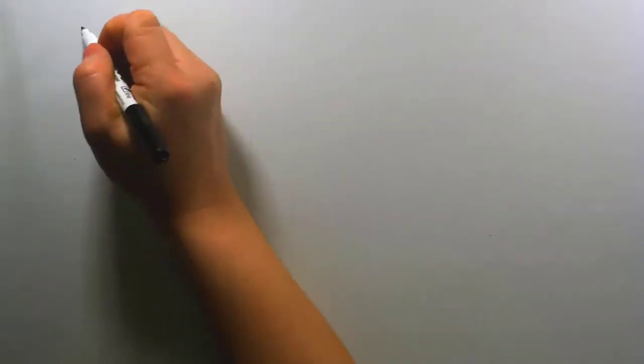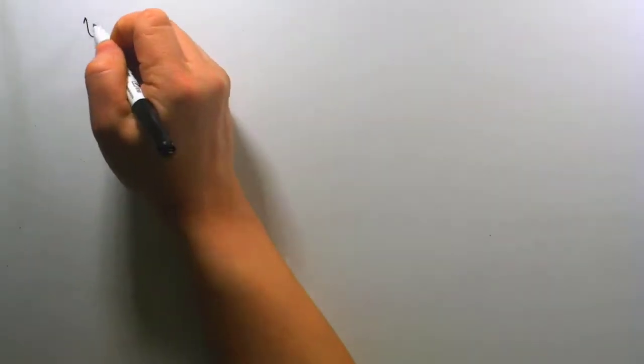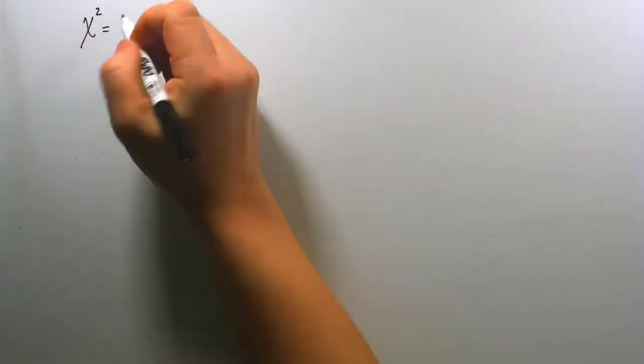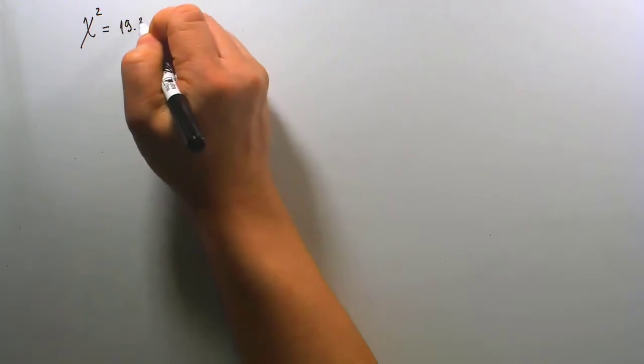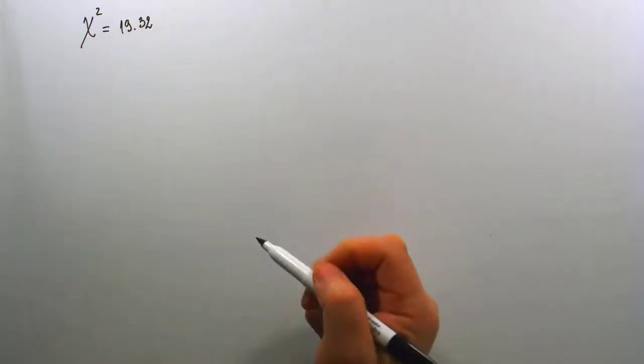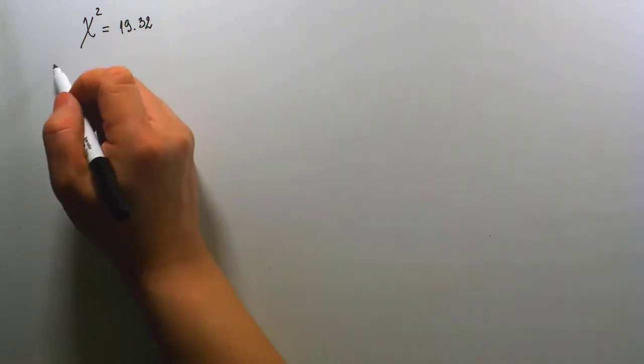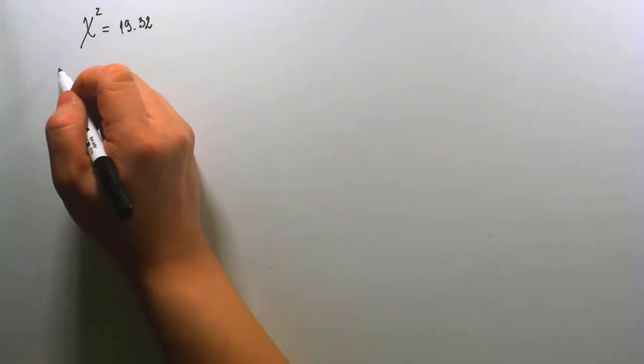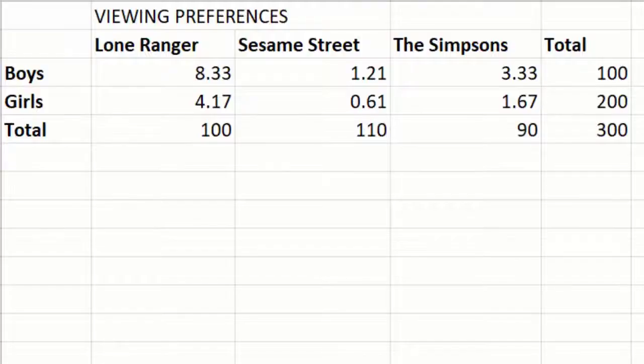So now that we have calculated our chi-square value to be 19.32, we need to know that our two-way table currently has 3 columns and 2 rows right here. And again, as I have always been saying, we will never count the total column and the total row here.